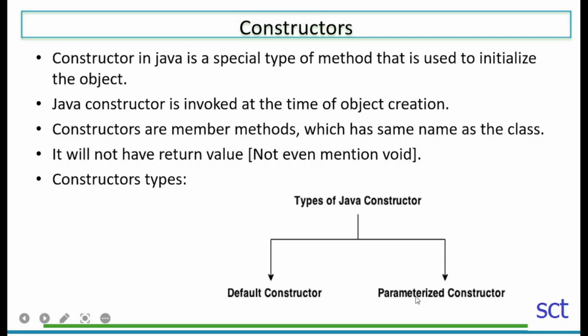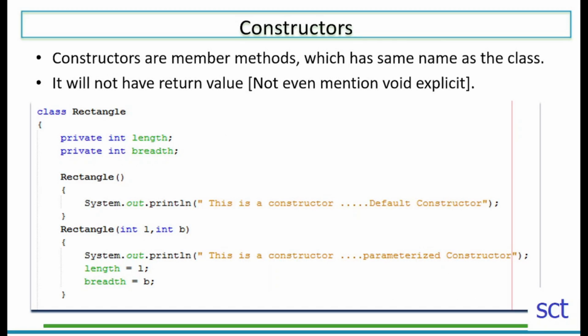So let us take some example here to understand what are constructors and how to write the constructors in the Java program, and we will also see how it is going to be used in the main. So constructors are the methods which have the same name as a class and they will not have any return value. If you look at the class Rectangle, you have private integer length and breadth.